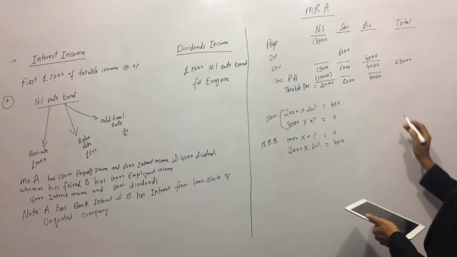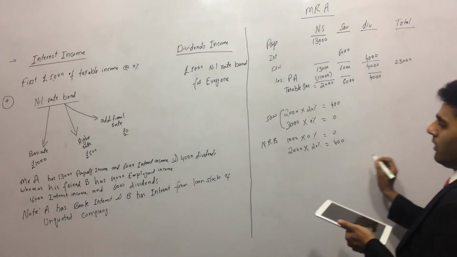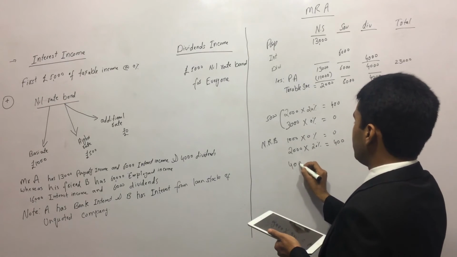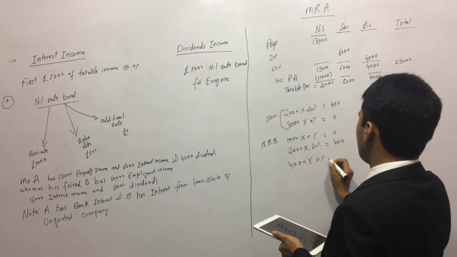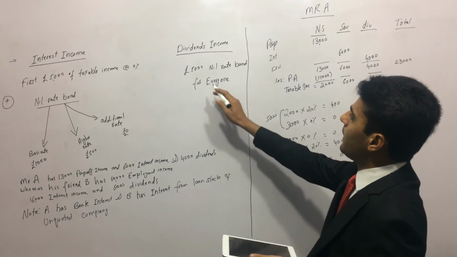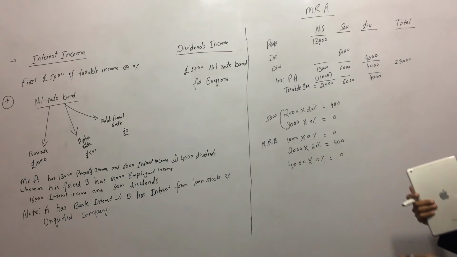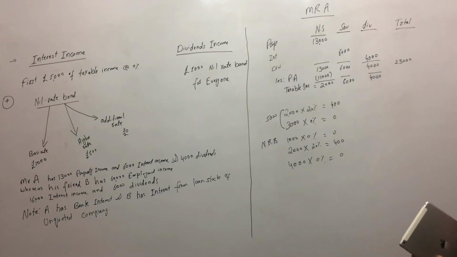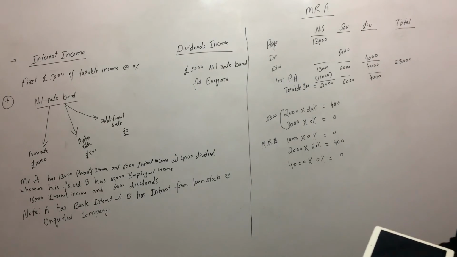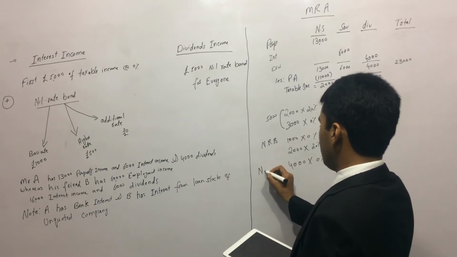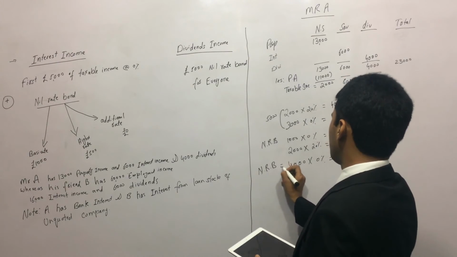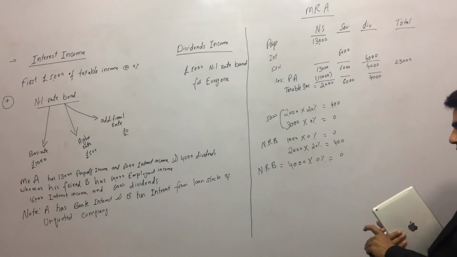Likewise, if I look at the dividends, we have to pay tax on the dividends as well. Now for dividends, I will get £5,000 of nil rate band. This £4,000 is coming within the £5,000 nil rate band, so I will pay tax at the rate of 0%. So £4,000 multiplied by 0%.